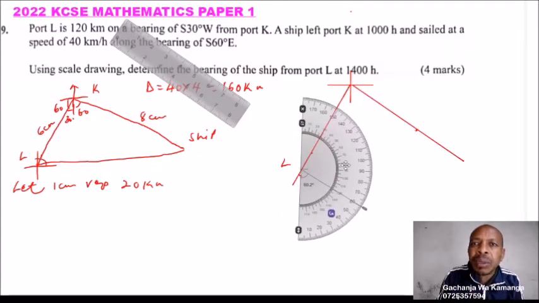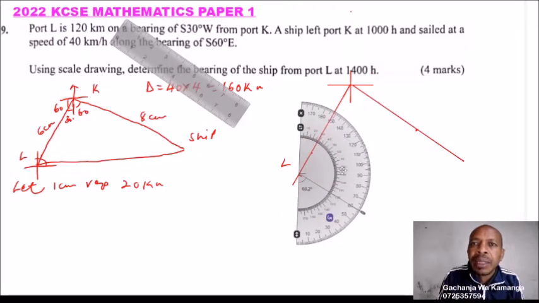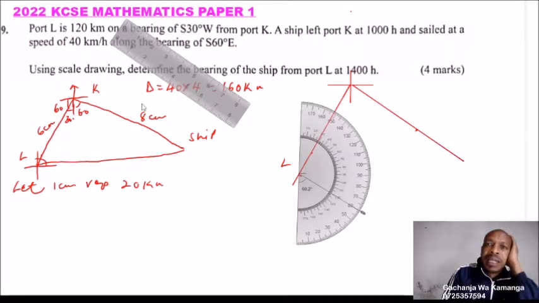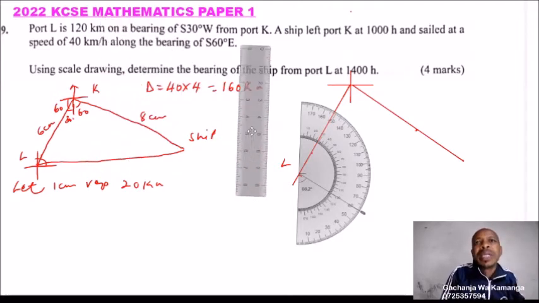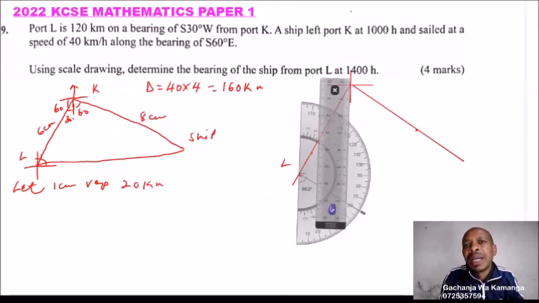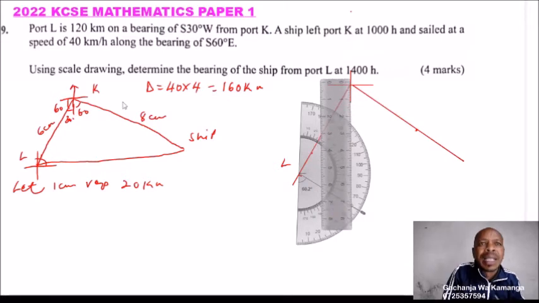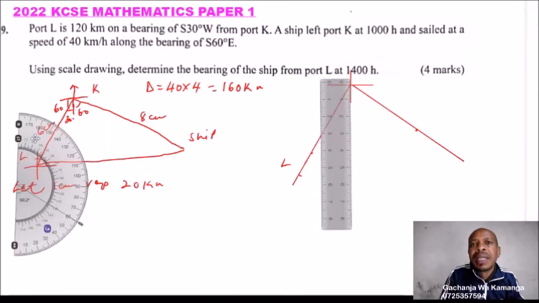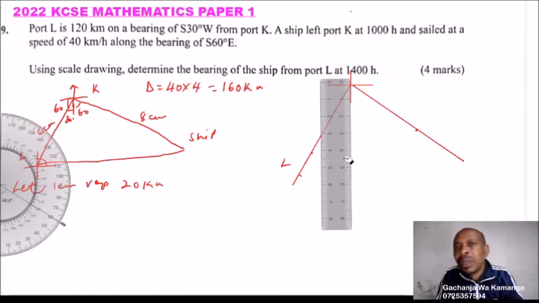But now you can drop this line. Maybe this is how you can do it. You can come here, and if you set that line like that, and then your ruler is there, then you should be able to draw a line there. We can use maybe a different color to help us not to mix.